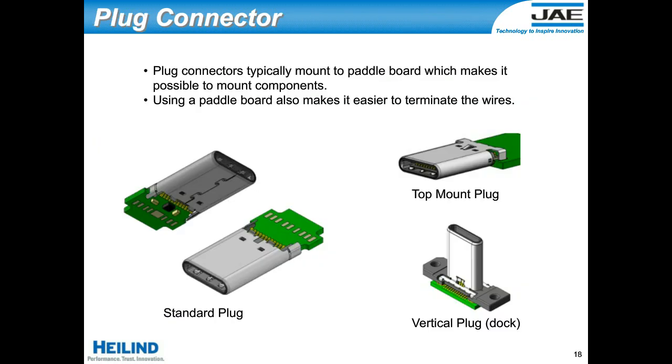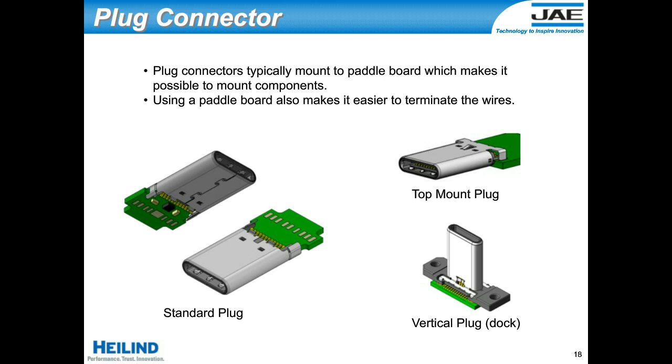For the plug connector side, it is very common for the plugs that go inside the cable assemblies to be mounted typically to an intermediate paddle board. Basically, that paddle board allows you to mount other components such as these pull-up and pull-down resistors, as well as active components or E-markers inside the cable itself. Also, it allows you to increase the contact spacing or the pad width.